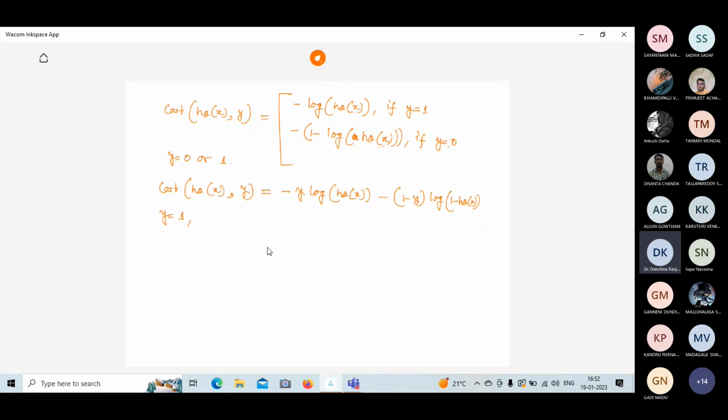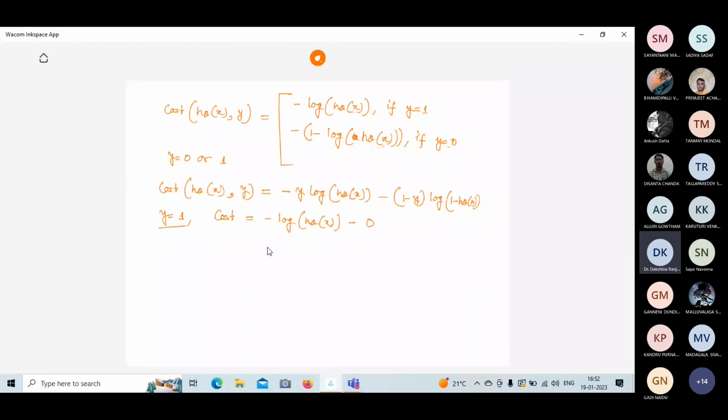Here we get minus 1 times log of h theta x, and in the second term we get 0, because 1 minus 1 gives 0, so 0 into log of 1 minus h theta x gives 0. Therefore the cost function becomes minus log of h theta x when the class level is 1.